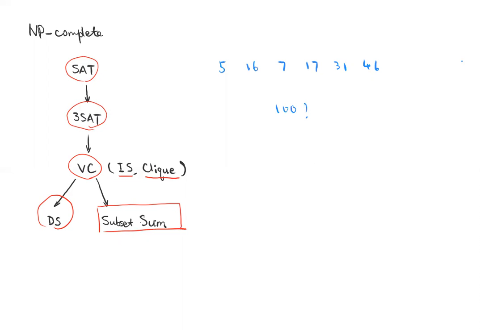Is it possible? These two problems really look totally irrelevant, and how can we reduce vertex cover to subset sum? It seems almost impossible. That's the amazing part about polynomial reduction. Very often we can have a relation between two totally irrelevant problems. I will give you a taste here of how we can reduce vertex cover to a totally different problem, subset sum.